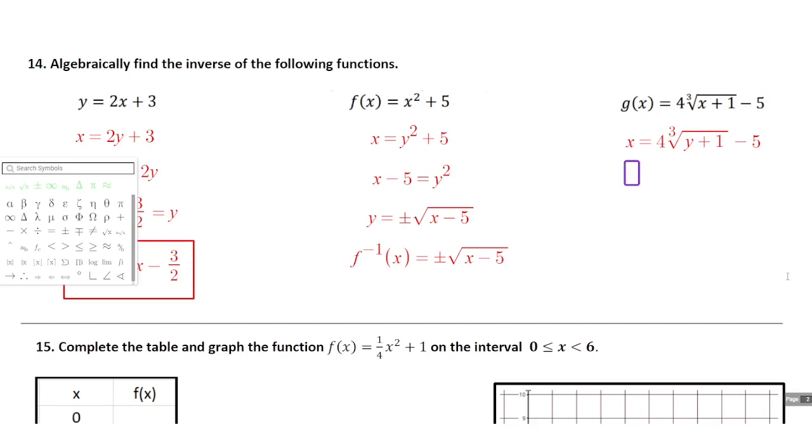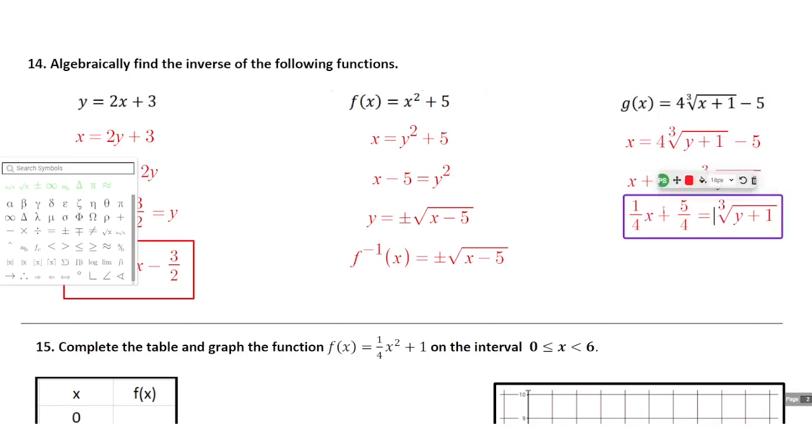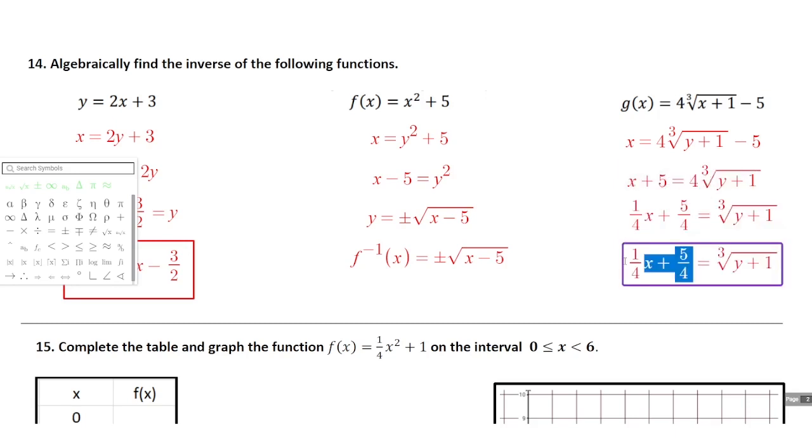Kind of looks like the last one. Now we'll divide both sides by 4. At this point, we're going to have to cube both sides. Fun. It's going to be quite the function here.